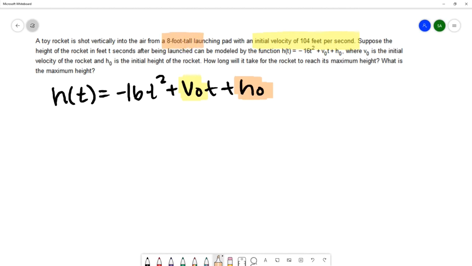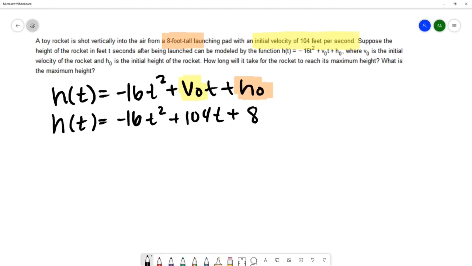So that represents the initial height. So we're going to be able to substitute these values into the model for this specific situation. So our function is really negative 16t squared plus 104t plus 8.